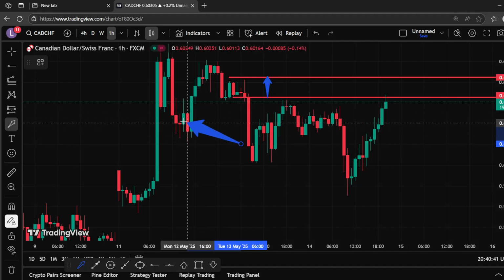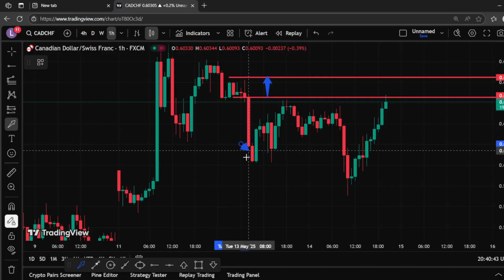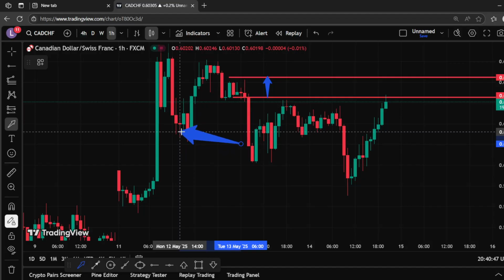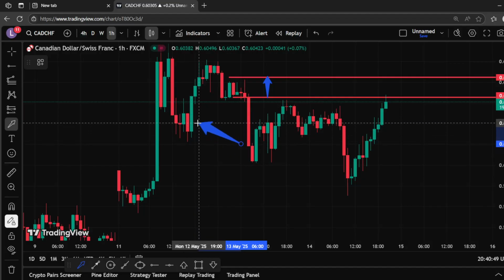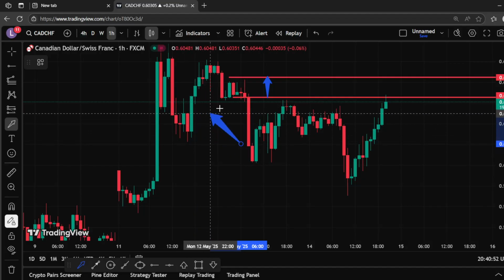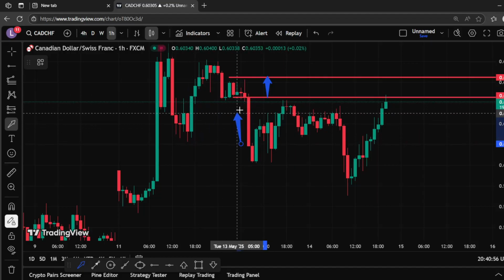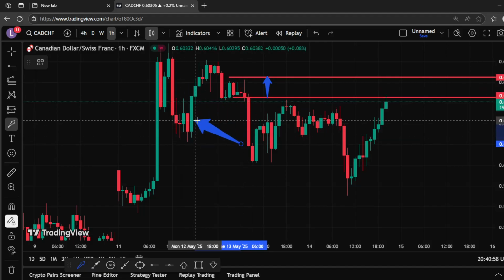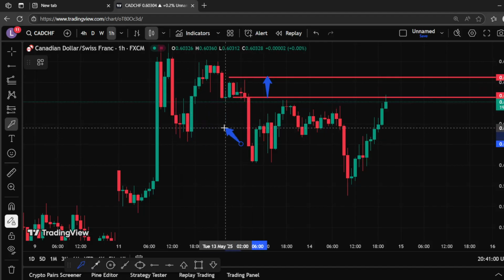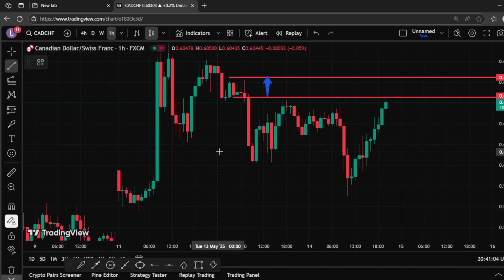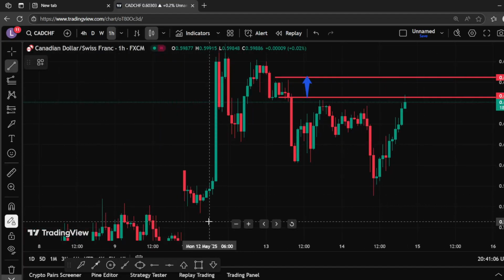Yeah, so when we say removed, we mean that we broke and closed below this demand zone. Yeah, it doesn't matter if it's just a pip. As long as we've broken the level this low here, that means that the supply zone took this demand zone out.